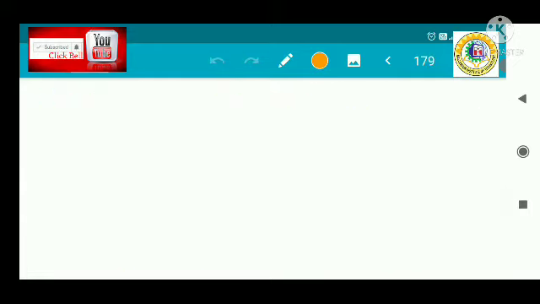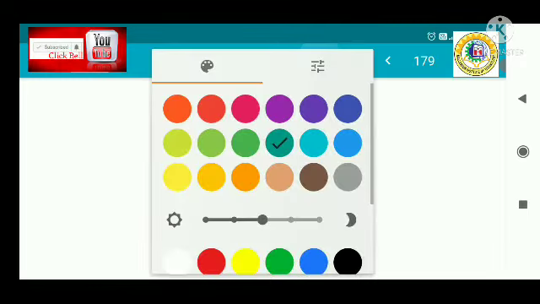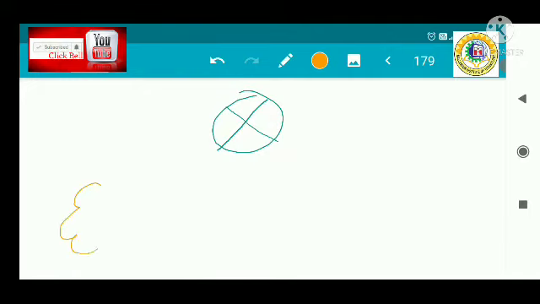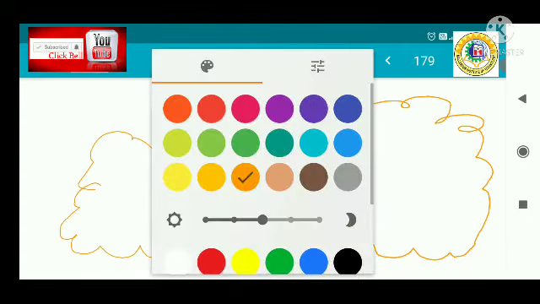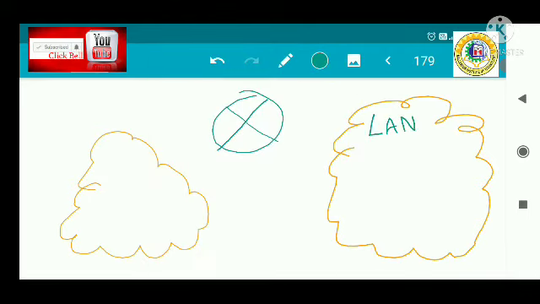Likewise, if I draw the two networks in the case of the working of the router, suppose this is your router, this is LAN 1 and this is LAN 2. Look at the IP addresses.